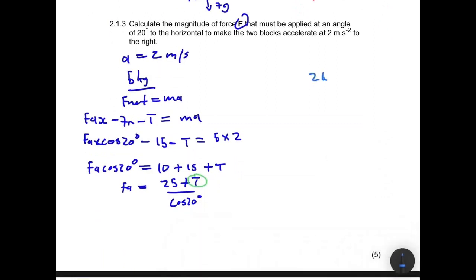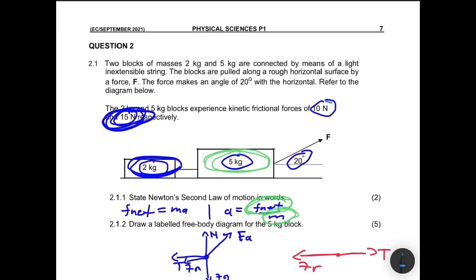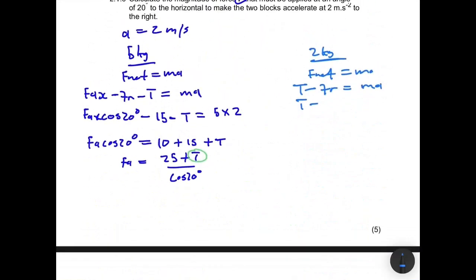We know that F net is always equal to MA. The force that is greater than the other is the tension, and then we subtract the force that is opposing, which is the frictional force, and this will be equal to MA. But we know what the frictional force is, it's given to us. It is said to be equal to 10 Newton, so we have frictional force, which is 10 Newton.